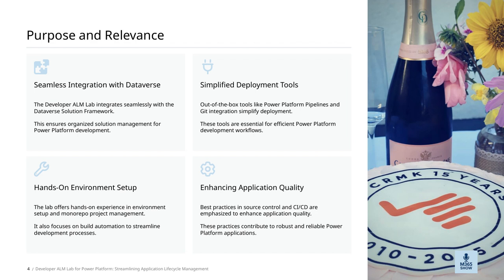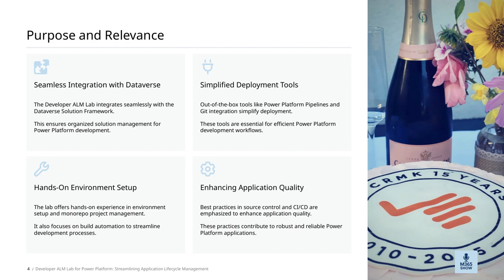Now, the lab provides hands-on experience, which is really valuable. You'll get practical exposure to setting up environments and managing monorepo projects. This hands-on approach helps you understand how to organize and control your development process effectively.